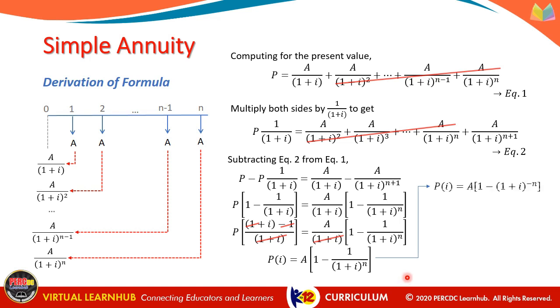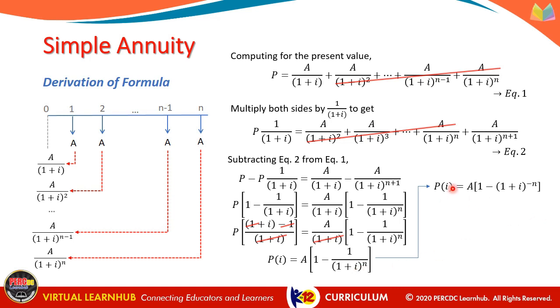Next, this 1 over (1 plus i) raised to n can be written as (1 plus i) raised to negative n. Remember the properties of exponent.